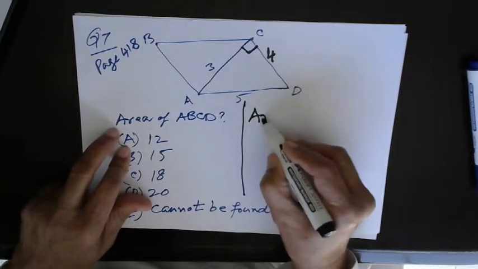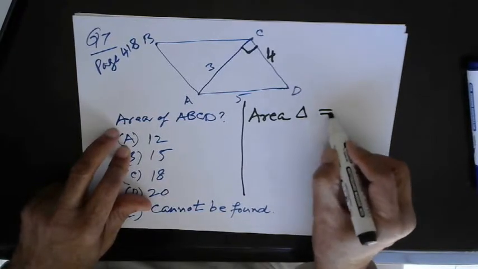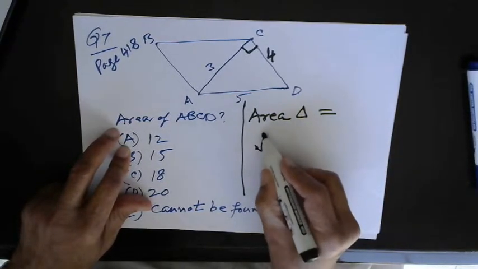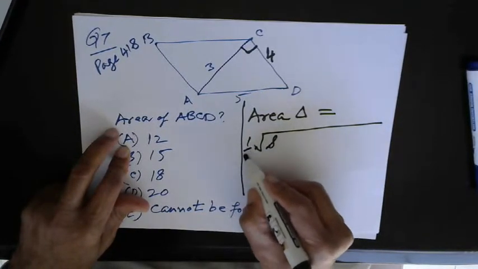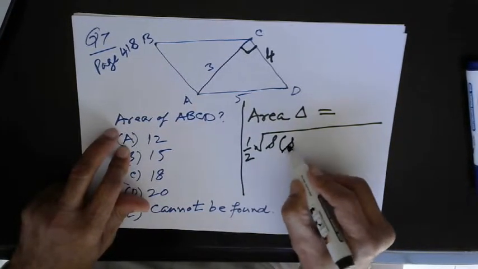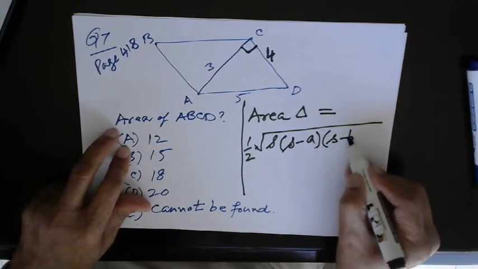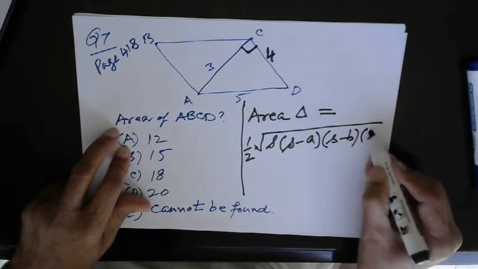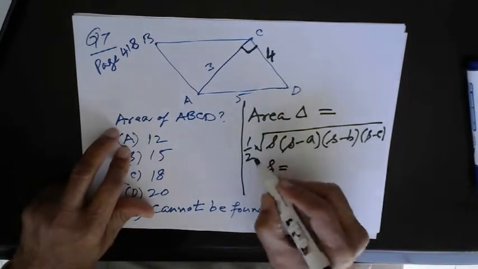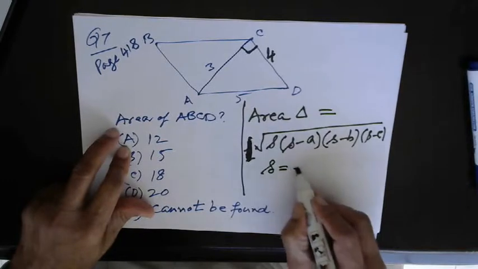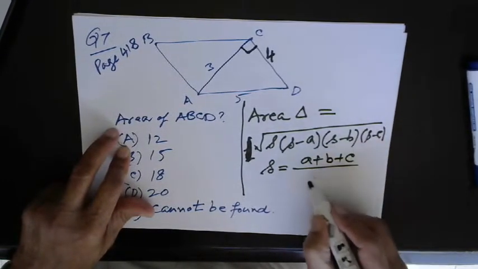Area of a triangle is equal to the square root of S times S minus A, S minus B, S minus C, where S is equal to A plus B plus C divided by 2.